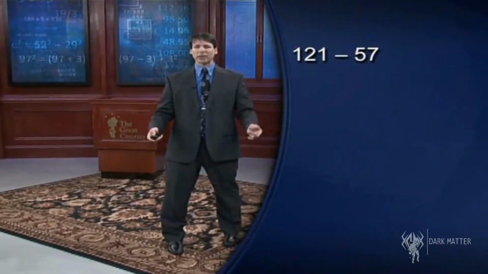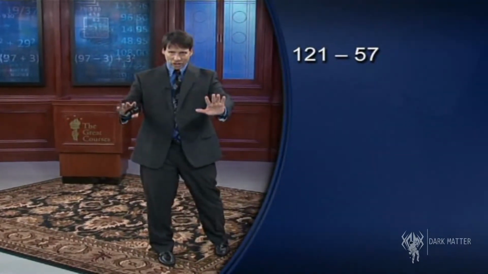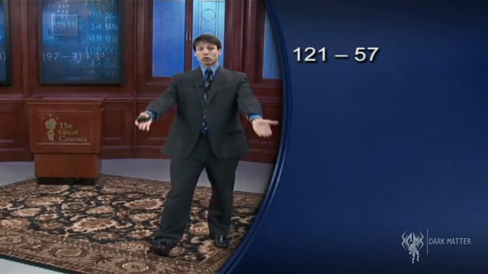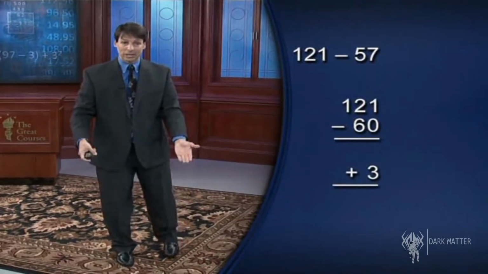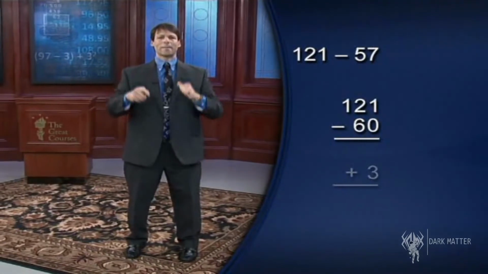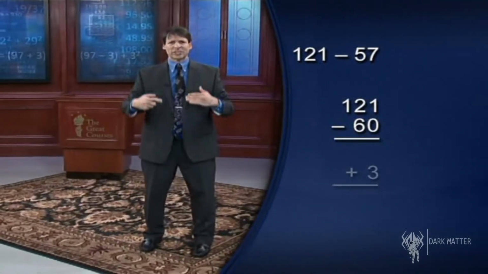Here, you try the problem 121 minus 57. What's our strategy? To subtract 57, let's subtract 60, then add back 3. So we start by doing 121 minus 60.